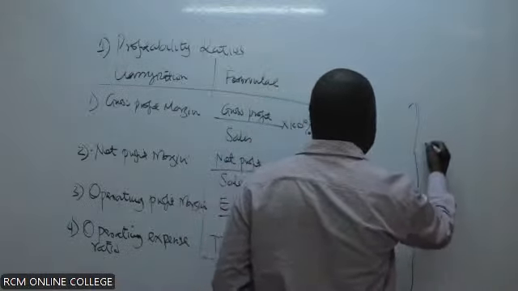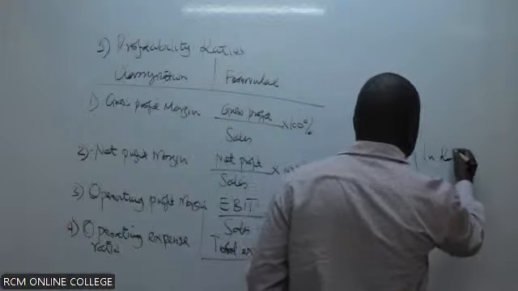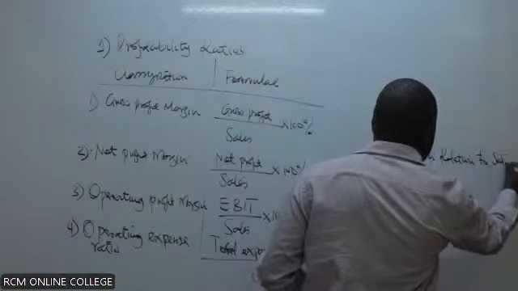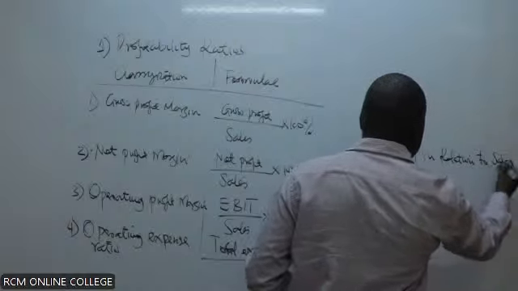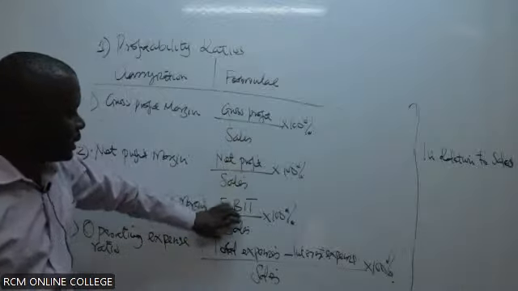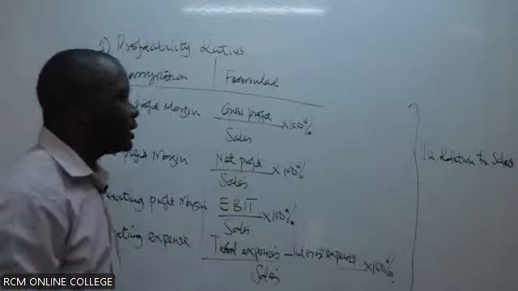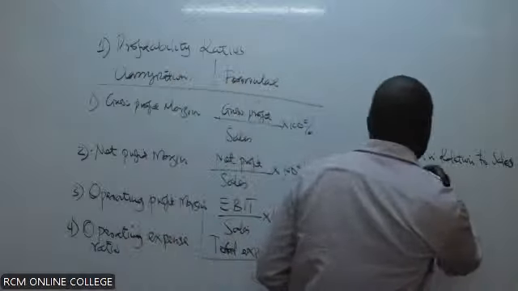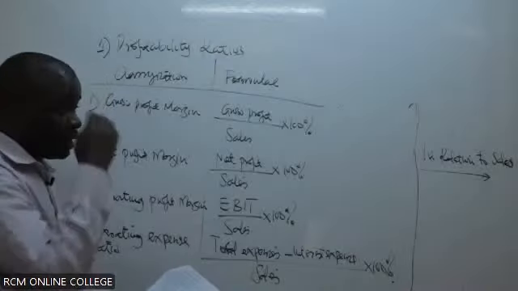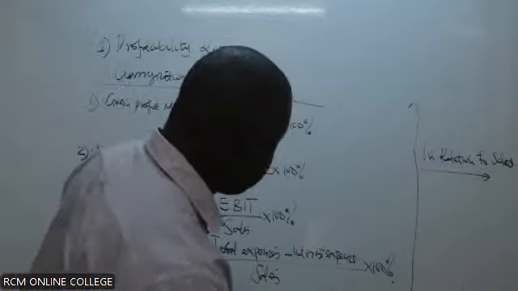These are profitability ratios in relation to sales. You can see for all of them, the factor here is actually sales. But now we have another category of profitability ratios.